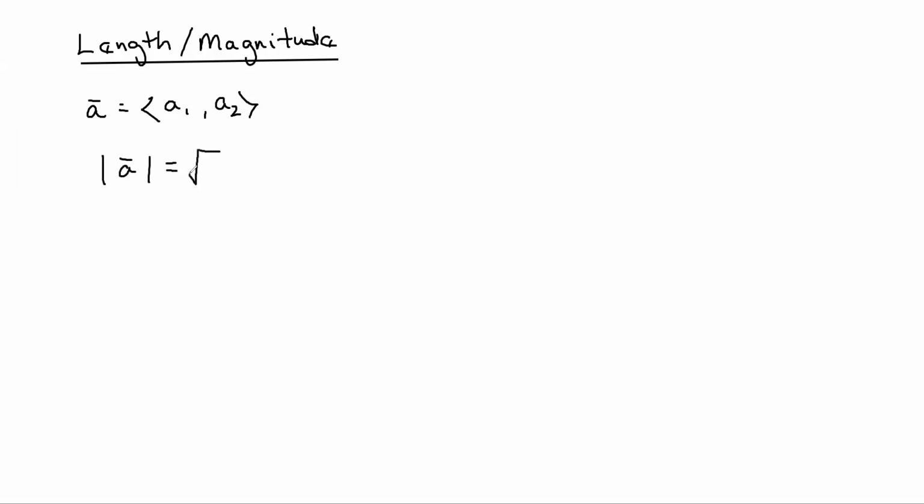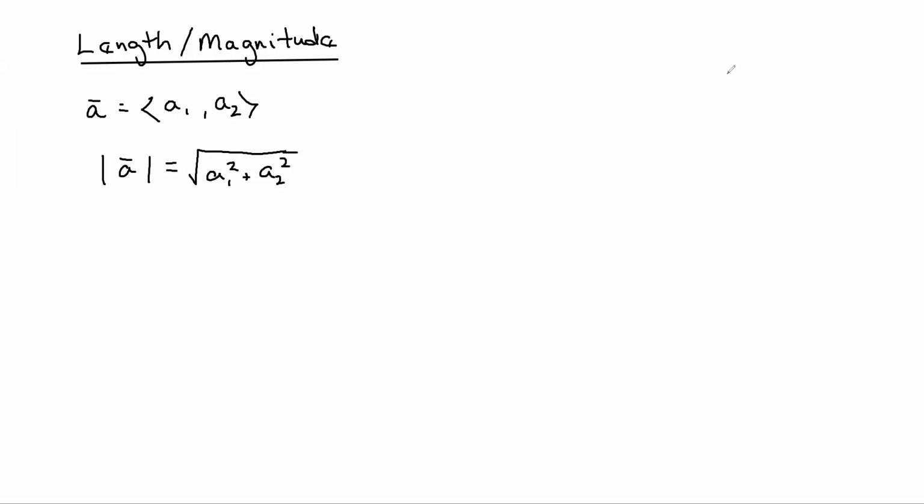Magnitude is another name for the length of a vector. So let's suppose we have vector A equals A1, comma A2. Then the length of vector A equals the square root of A1 squared plus A2 squared.